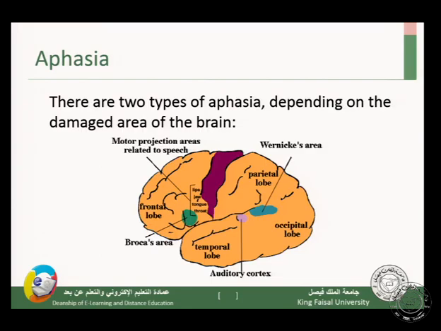Whenever they try to speak, they are not able to speak fluently. In the past, they used to be perfect. After the damage, they started to have difficulties in production, in speaking.